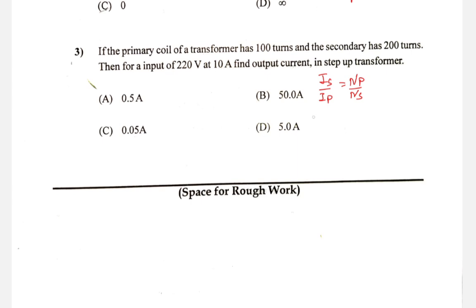Therefore IS is equal to NP by NS into IP, which is 10 into 100 divided by 200 turns, which is equal to 5 ampere. So current will be 5 ampere. Answer D.